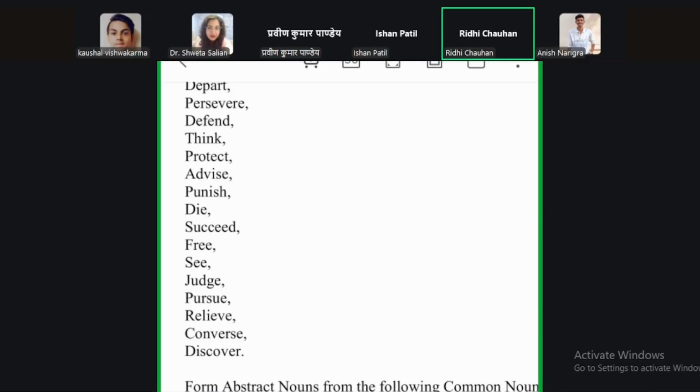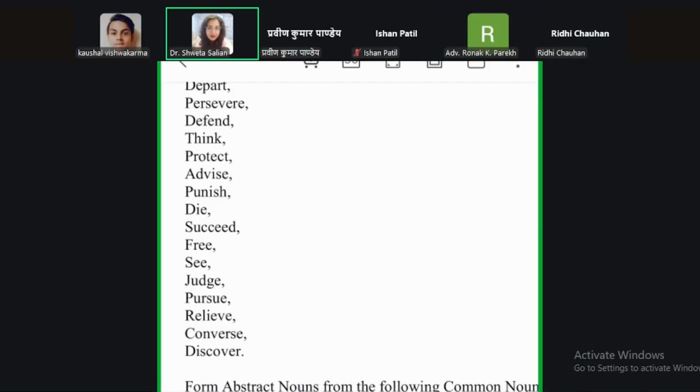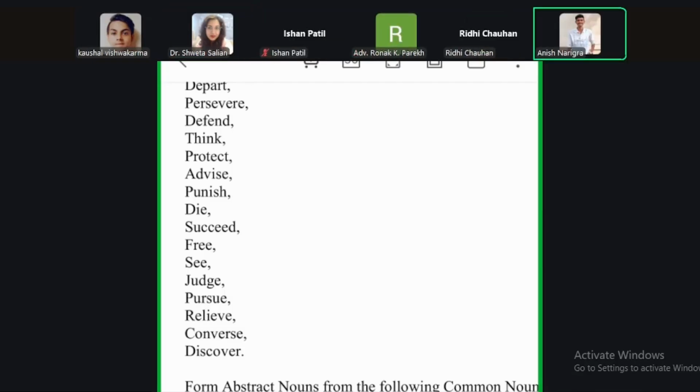Then free, freedom. Sight. Someone who is a seeker.